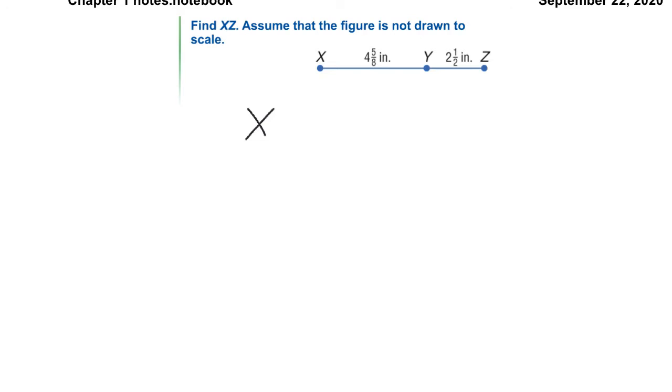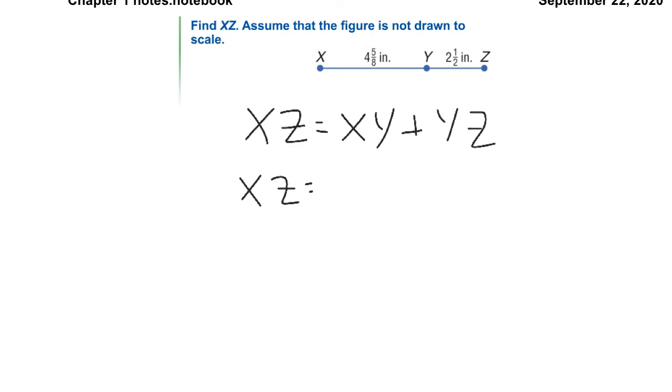We know that xz is equal to xy plus segment yz. Now if you substitute, xz will be equal to 4 5/8 plus 2 1/2.